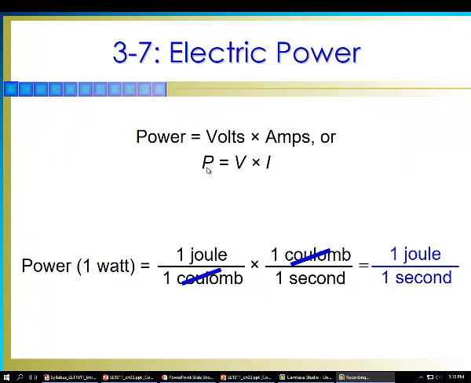This is the formula for the power: power equals voltage times current. So if the voltage is expressed in joules over coulombs and the current is expressed in these units, when we do this multiplication, the coulombs cancel, and the power is 1 joule over second. These are the units of power, and these units combined are what is known as the watt.